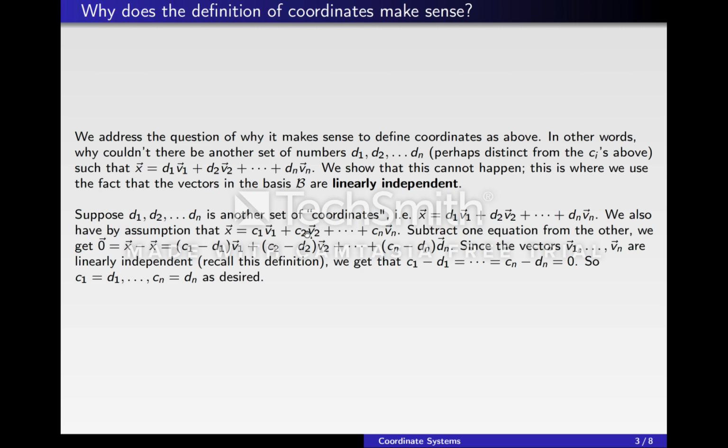So we're going to argue that c1 has to be equal to d1, c2 has to be equal to d2, c3 has to be equal to d3, etc. Why is that?